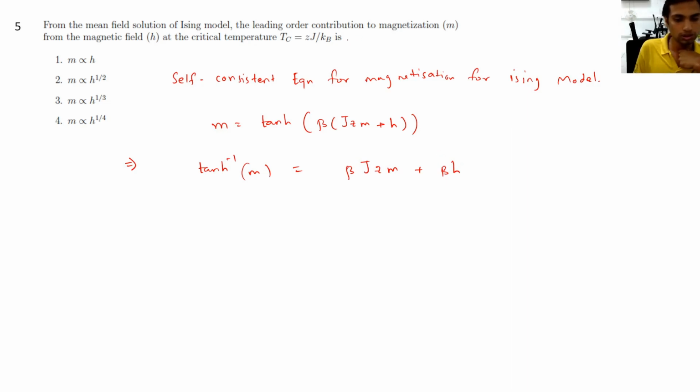Now here you see, Tc you can write as z J over kB.